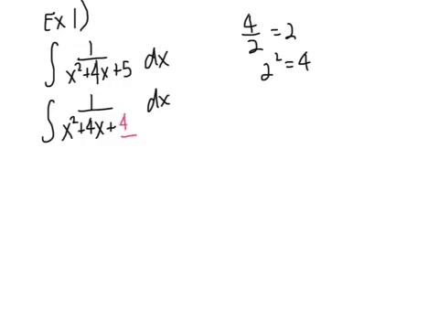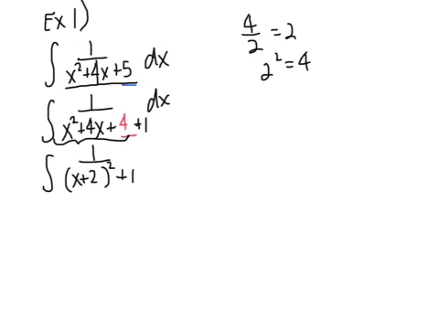I originally had plus 5 though, which means that I need to have plus 1 more on the bottom here for this to work. x squared plus 4x plus 4 plus 1 is the same as x squared plus 4x plus 5. And why do we prefer x squared plus 4x plus 4 plus 1? Because we can take this first part here and change it into x plus 2, the quantity squared, plus 1.